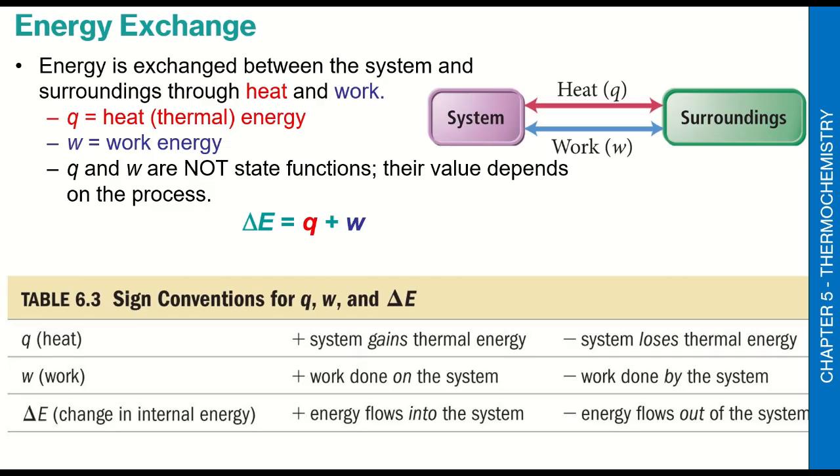When work is done on the system, work is positive. But when work is done by the system, it will be negative, like the fire, so they are giving away the heat. So the change in internal energy, internal energy can also be represented by E, so delta E will be the change in internal energy.